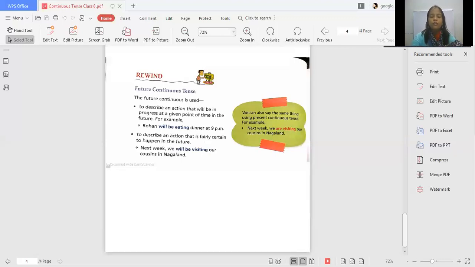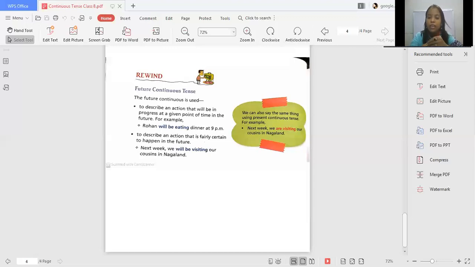Now, if I wish to describe an action that is fairly certain to happen in the near future, like that particular example which was used in your present continuous tense, what we'll do is we'll just replace the verb are visiting with will be visiting.